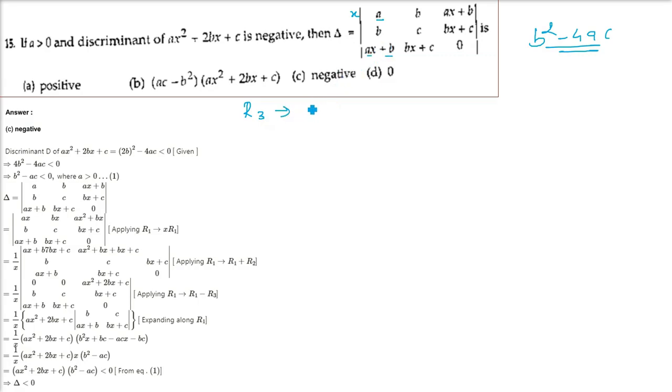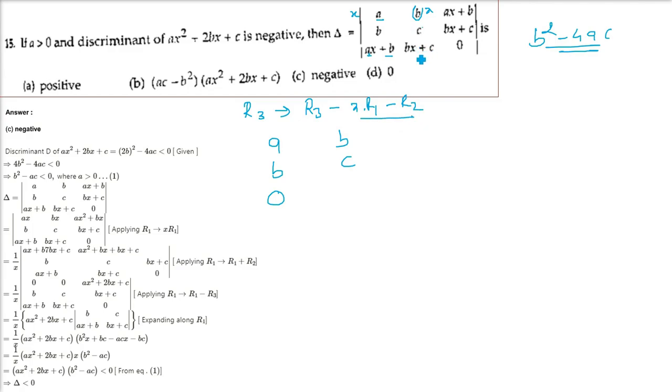Now what we'll do here is, see, a is there, ab and bc, and in the third row we have ax plus b. So what we'll do here is, we'll multiply the first row with x, second row with nothing, and then we subtract. So we have to do R3 minus x into R1 minus R2, right?